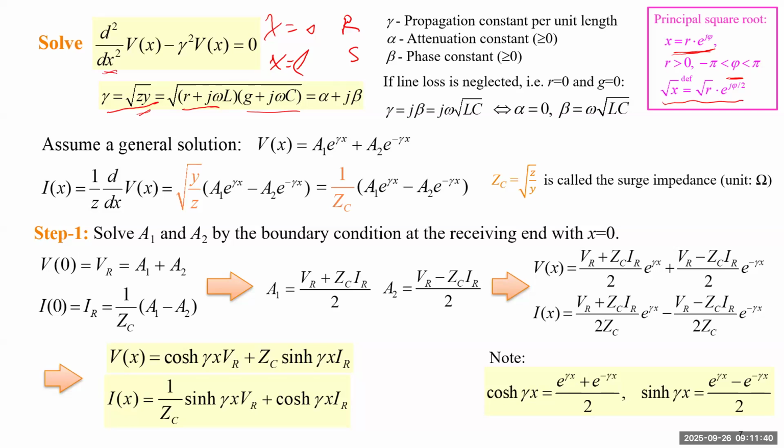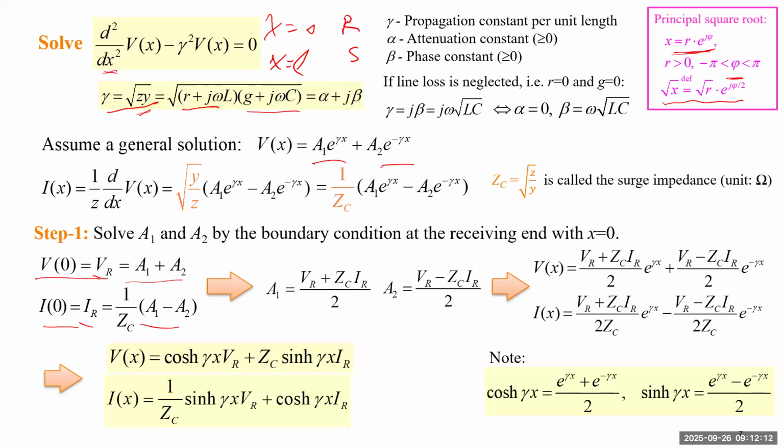Then we just solve this second order linear differential equation. Because it has two eigenvalues, we will have two exponential functions of x, and the coefficients A1 and A2 can be solved by using the boundary values. If we plug in the boundary values at the receiving end, because we already know the voltage and current there, we have two equations about A1, A2.